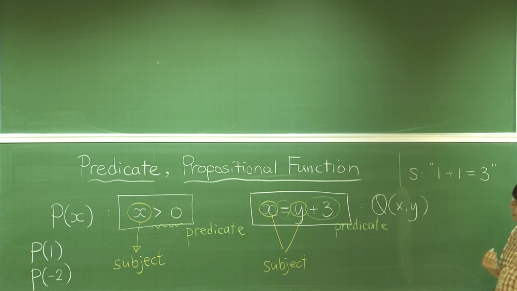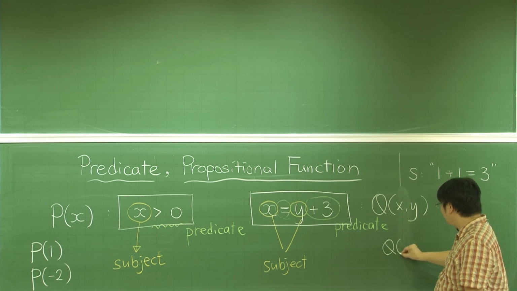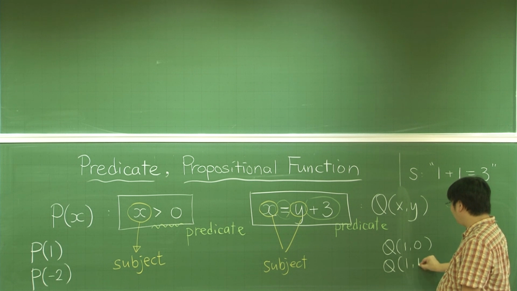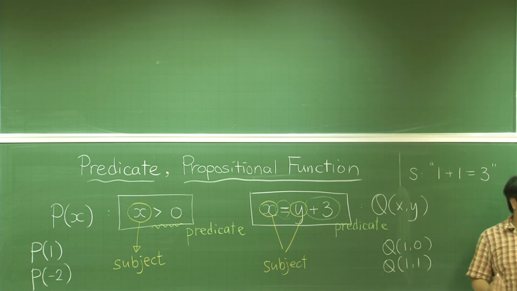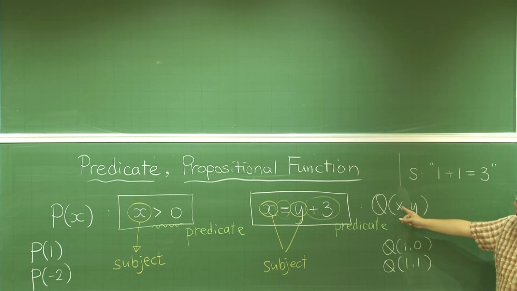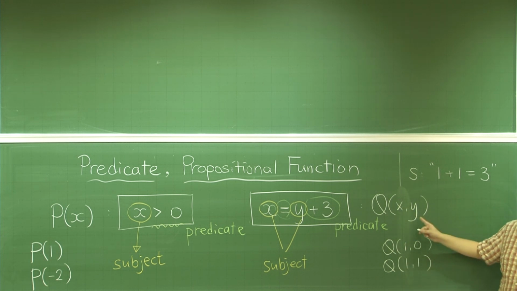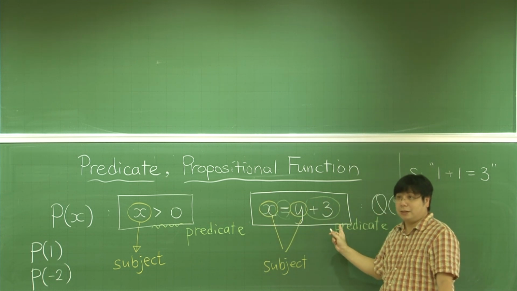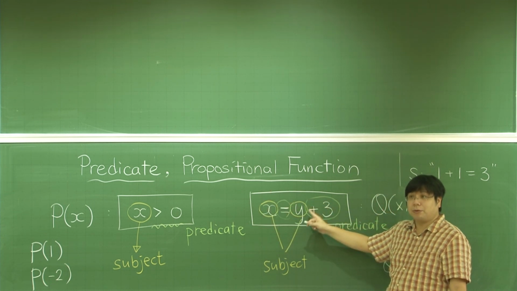So in that case, we can talk about what is q10, we can talk about what is q11, and so on and so forth. So for each particular, like q10, what does it mean? q10 means that I'm substituting x with 1 and substituting y with 0 to get something. The thing that we get is a proposition. 1 is equal to 0 plus 3.